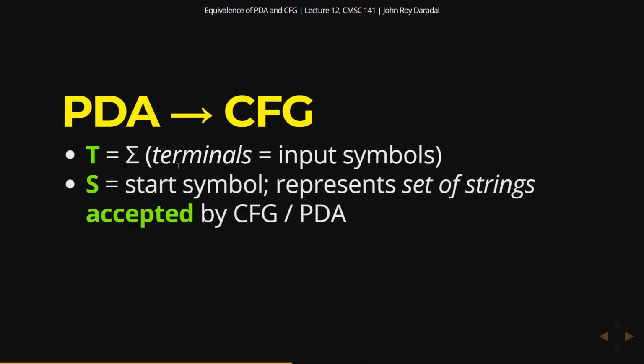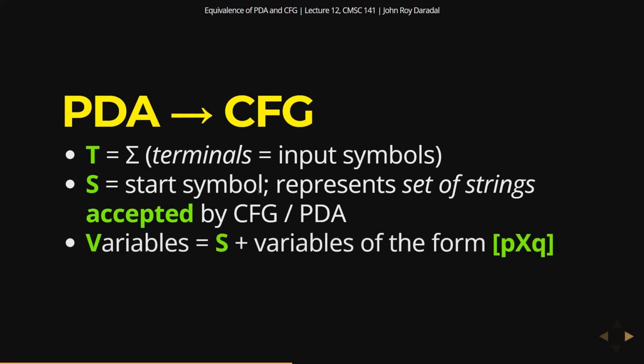Now the start symbol S would be a new variable, and this start symbol, which is a variable also, represents the set of strings accepted by the language, by the CFG and by the PDA.